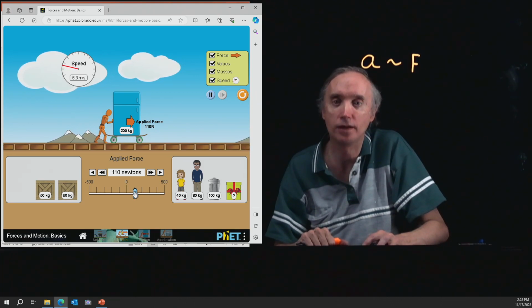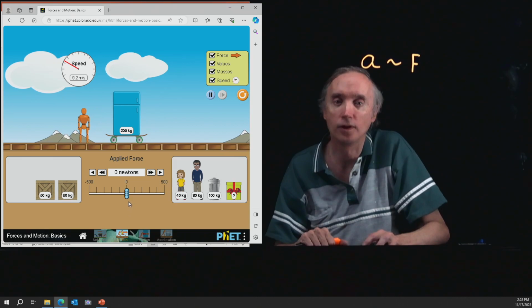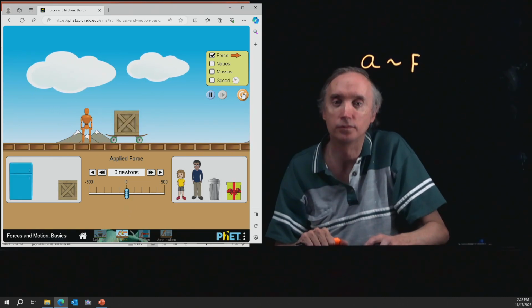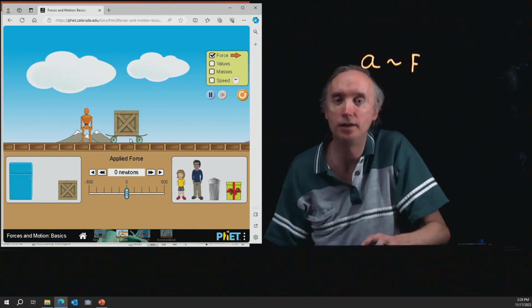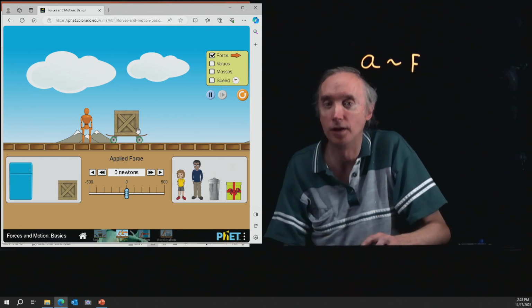We're not really making any measurements yet, we're just observing. Alright, now let's reset it. Okay, and now let's repeat it. We're going to use the same amount of force, but notice that we're using the smaller mass. And let's see what happens.